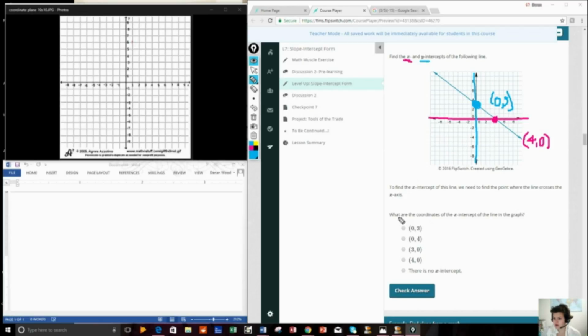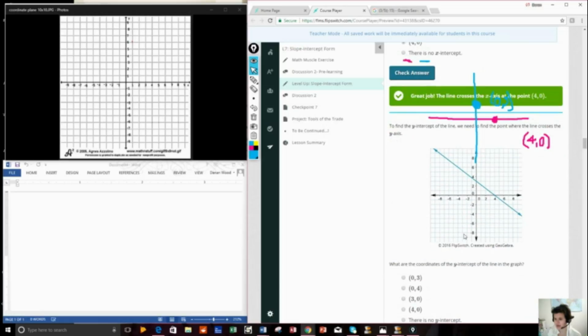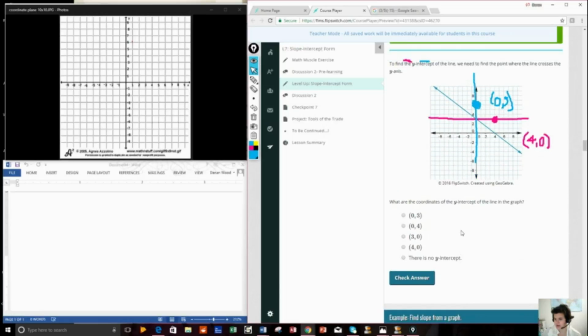Okay, so to find the x-intercept of this line, we need to find the point where the line crosses the x-axis. We found that. And what are the coordinates of the x-intercept of the line in the graph? The x-intercept was at 4, 0. Okay, and to find the y, we do the same.